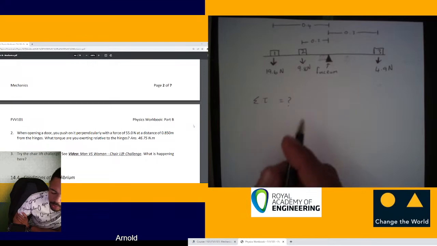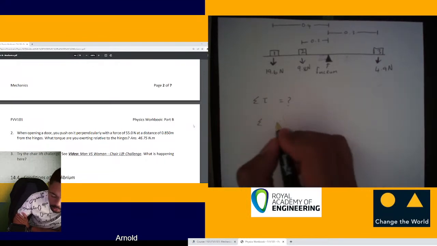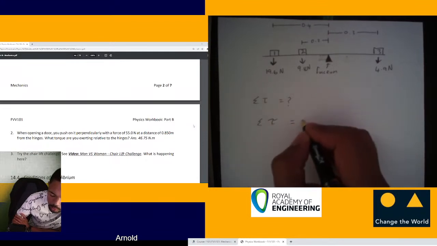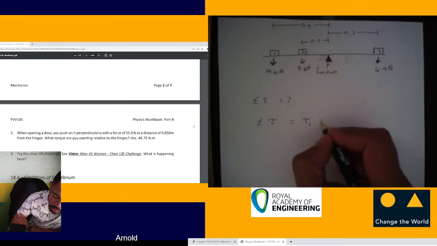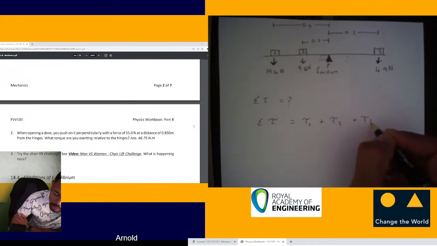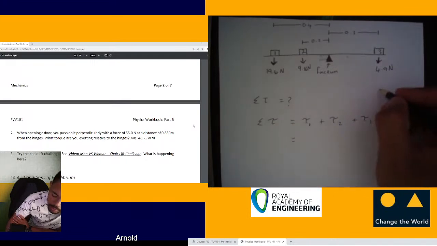Now we know the sum of the torques is going to be equal to the torque caused by box 1, plus the torque caused by box 2, plus the torque caused by box 3. Before we begin, let's pick a positive direction.